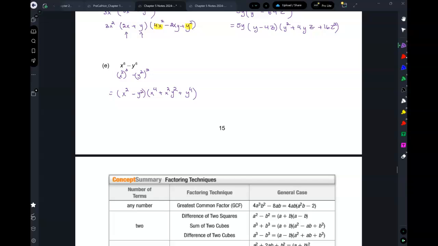And generally speaking, that second term is not going to be factorable. But can we factor this further? How? X minus y, x plus y. Right? This one?